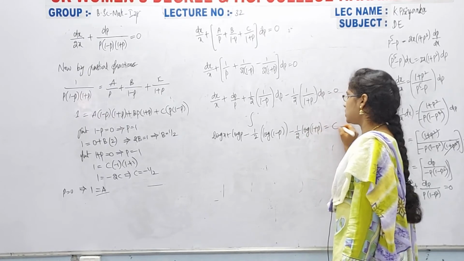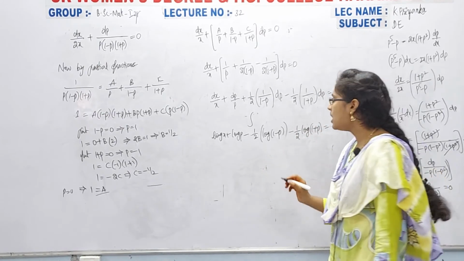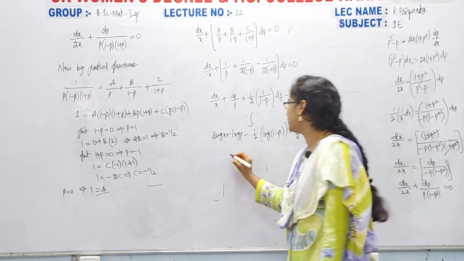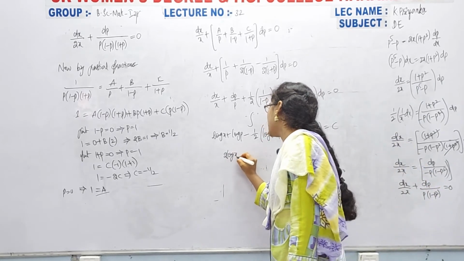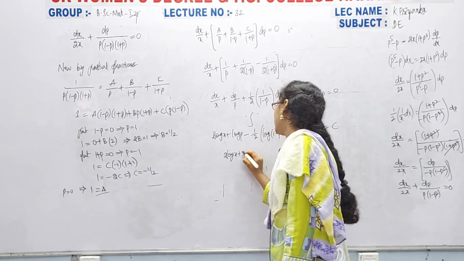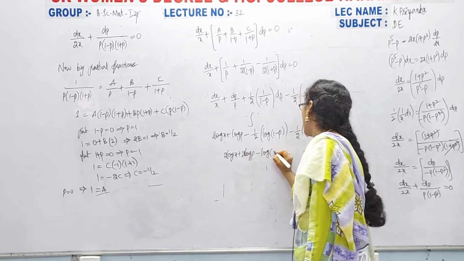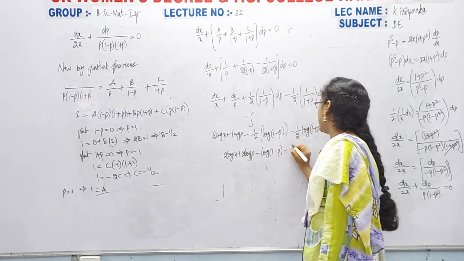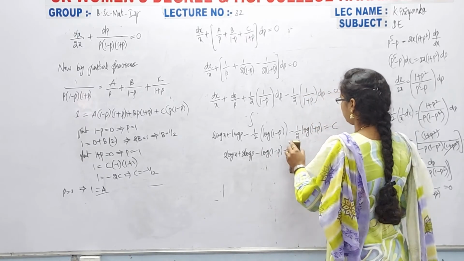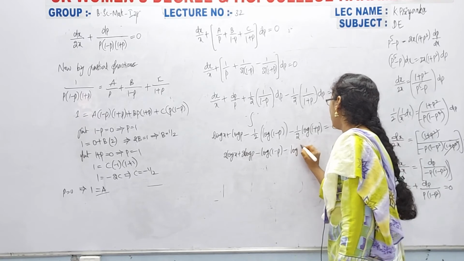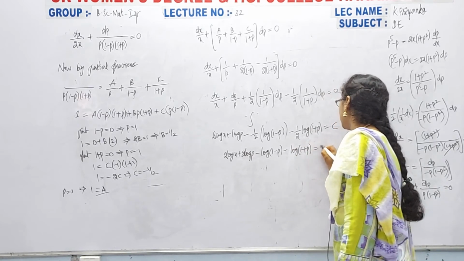P equal to C. Now taking 1 by 2 common, we get 2 log x plus 2 log P minus log of 1 minus P minus log of 1 plus P equal to 2C.